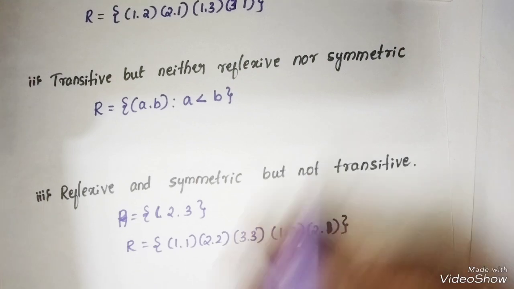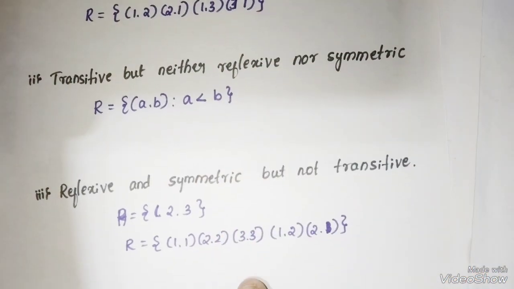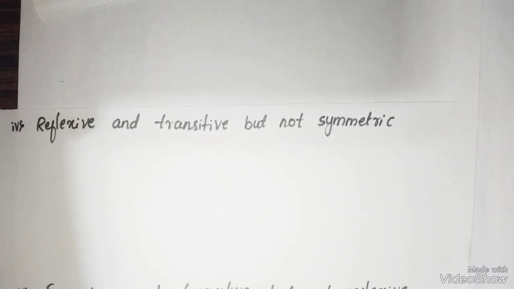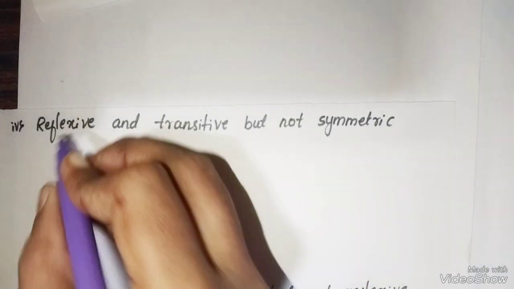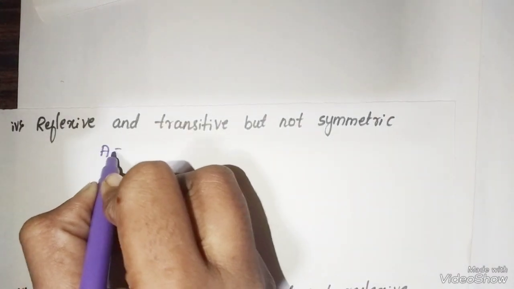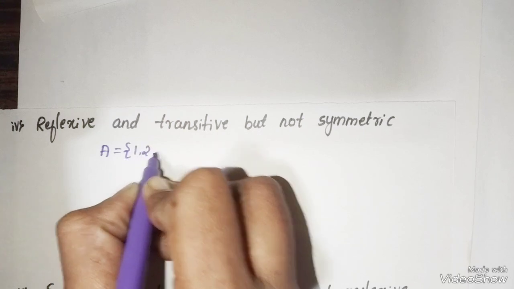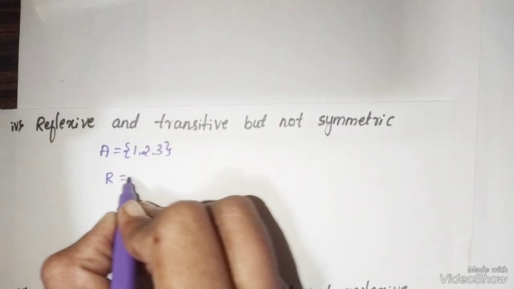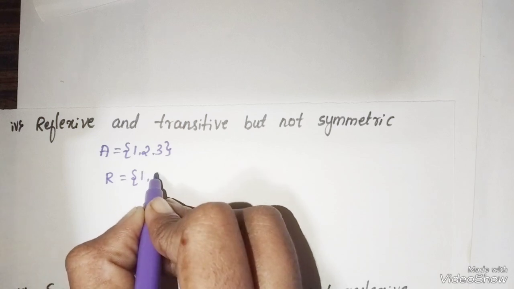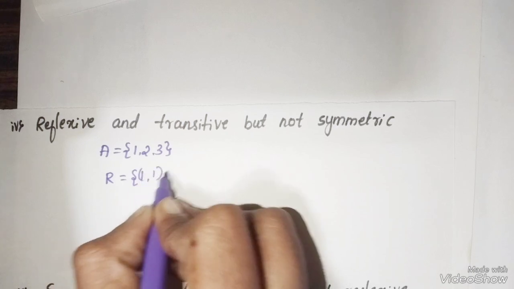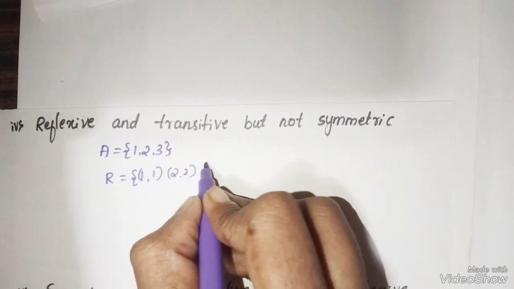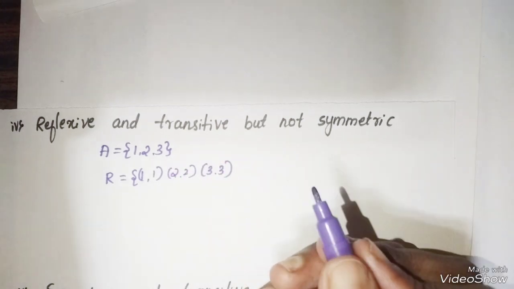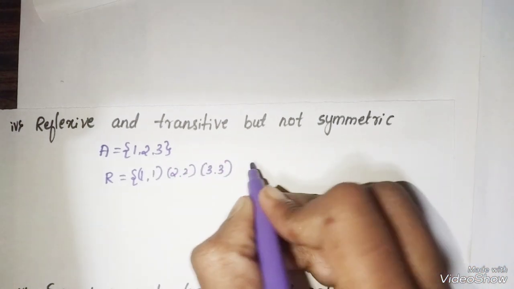Now the fourth one: reflexive and transitive but not symmetric. Here consider set A as {1, 2, 3}. Then the relation R is reflexive, meaning (1, 1), (2, 2) and (3, 3). But we have to show the transitive condition.